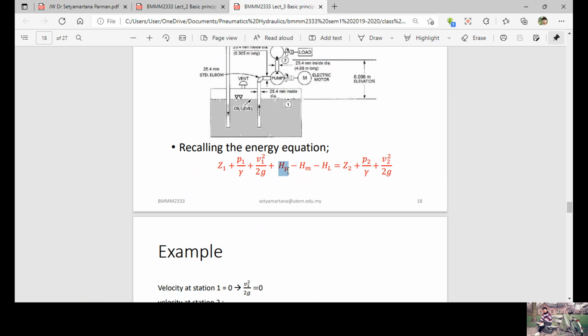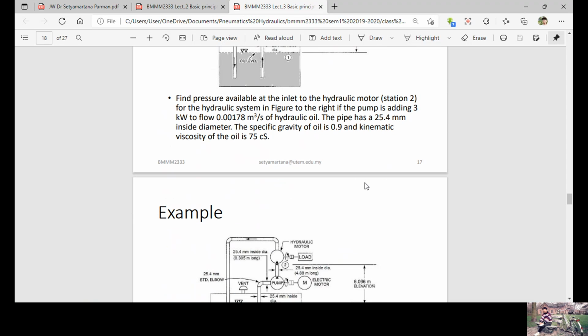Okay, now we will calculate SP, the pump head. The pump is mentioned as 3 kilowatt.